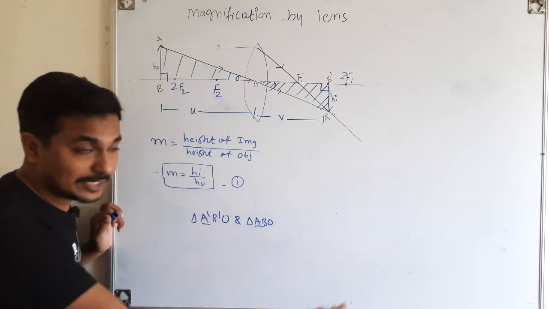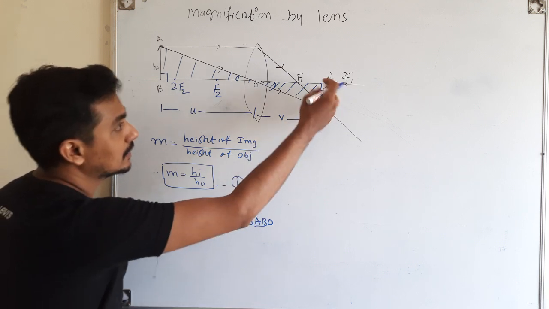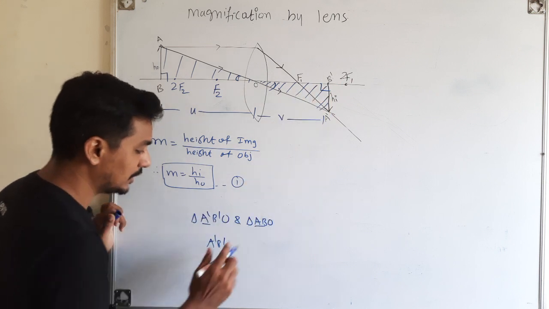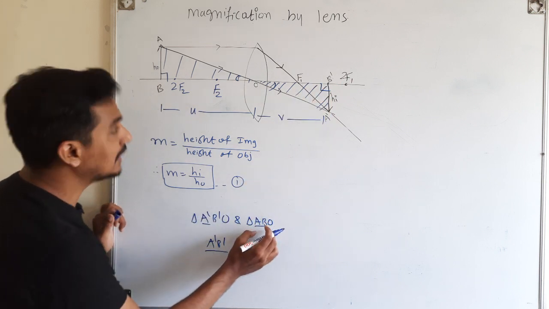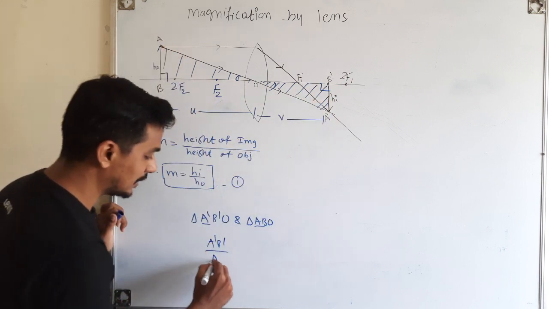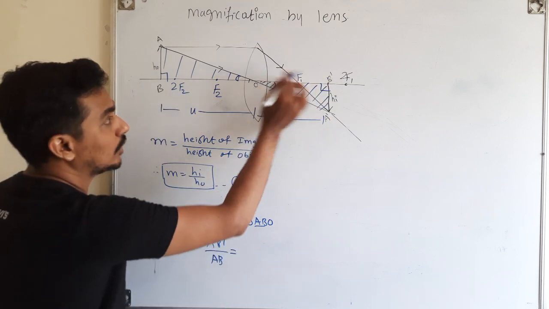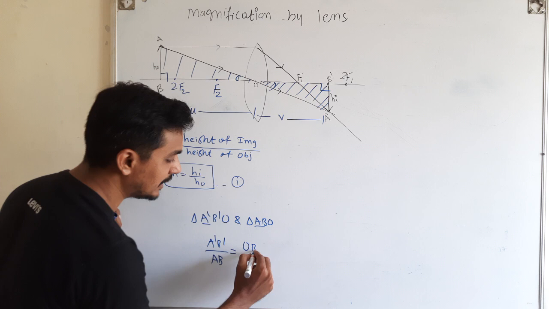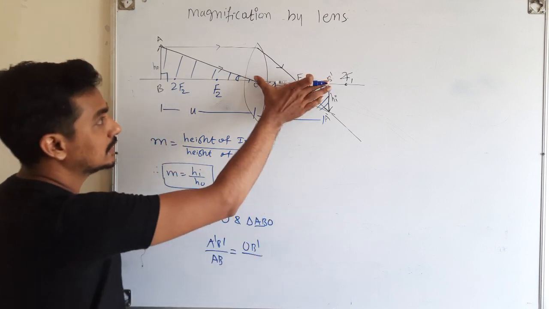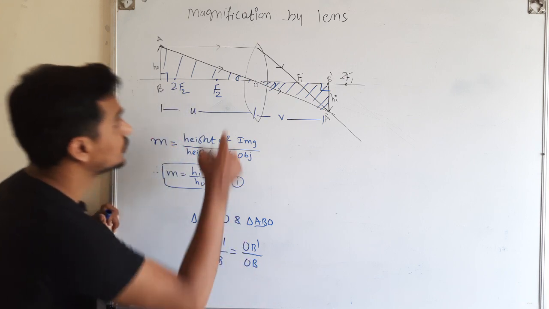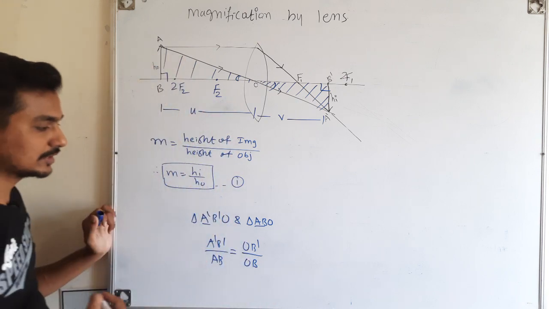So if we take the ratios of their heights and the ratios of their sides, the ratios are the same. For example, A dash B dash, the height of one triangle, divided by the height of the other triangle AB, is equal to the ratio of the bases. Here OB dash is the base of this triangle and OB is the base of the other triangle towards the left side.